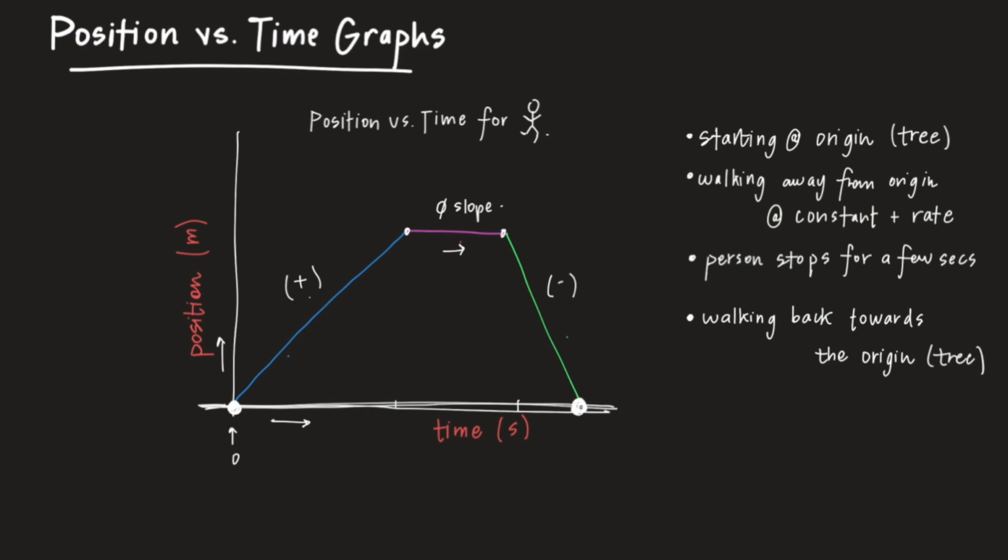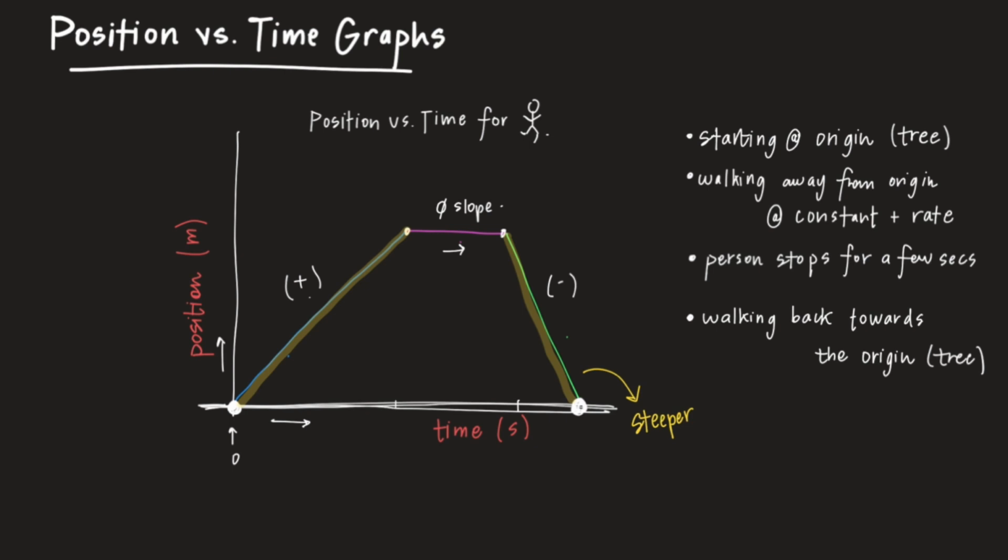The last thing we want to talk about is what these slopes mean. These slopes are really important on a position versus time graph. You'll notice that at the beginning we had that positive slope, and then at the end we had a negative slope, but which one of those two is steeper? This is really important here. It's actually the negative slope. If you notice, that's a really high slope, it's really steep.